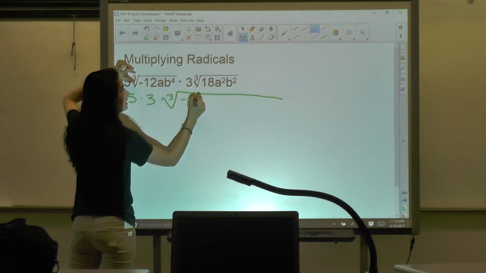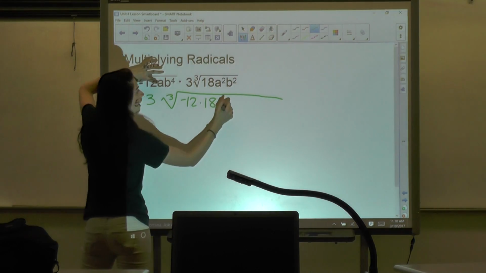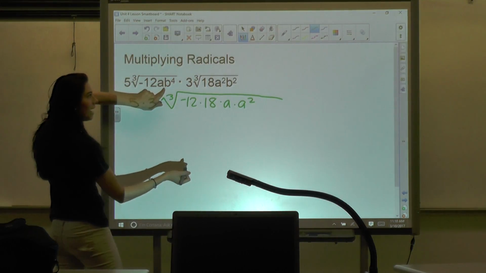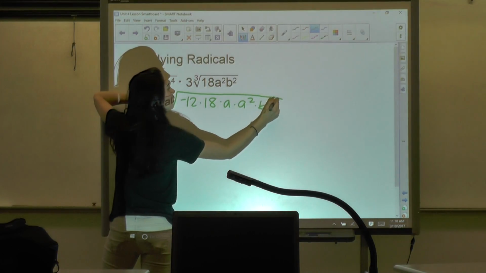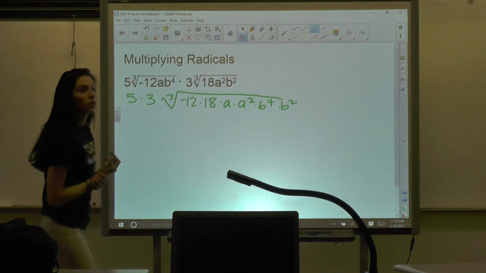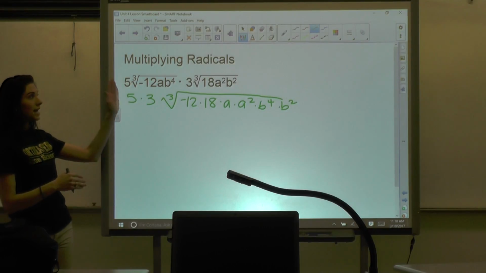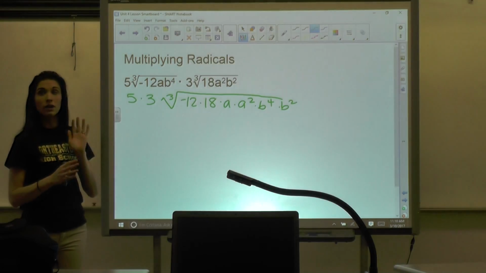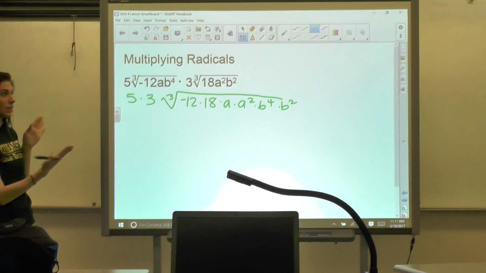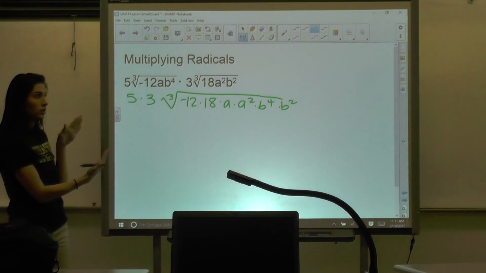So I have negative 12 times 18, a times a squared, b to the power 4 times b squared. That was the easy part. We did outside times outside, and then inside times inside. So everything on the outside of the radical went together.